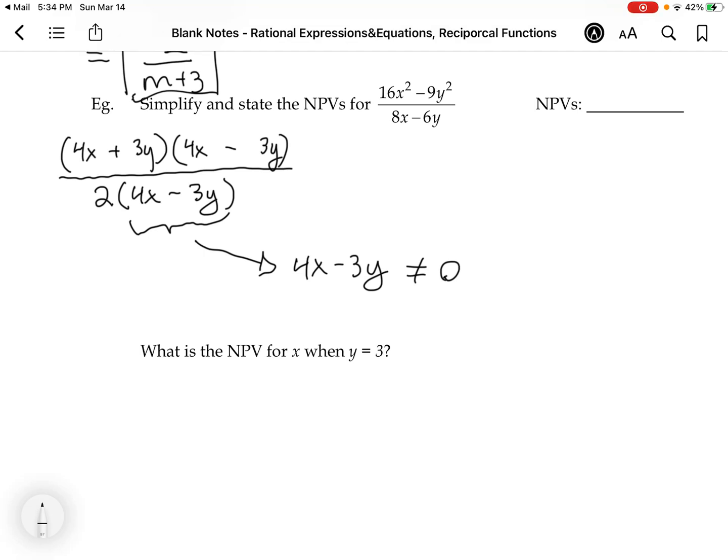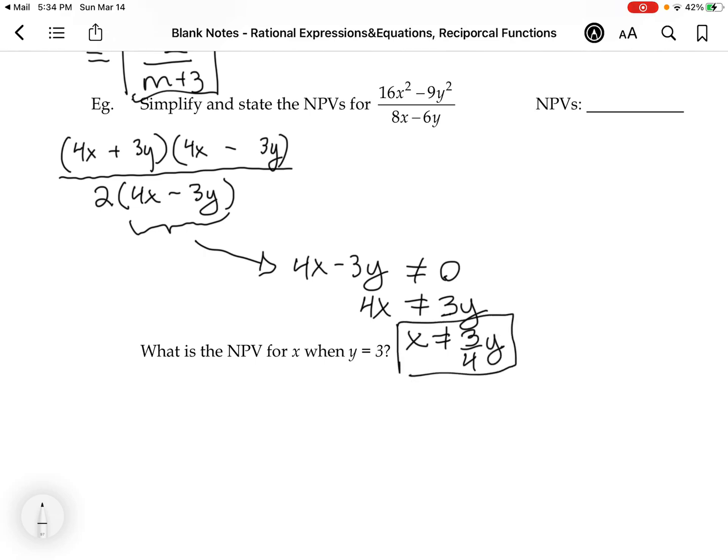First thing that we're going to do is put the x's on one side, the y's on the other. Essentially, we're treating this exactly as we would an equation, except instead of an equal sign, we have a do-not-equal sign. So we're going to have 4x does not equal 3y. So x does not equal 3 over 4 y.